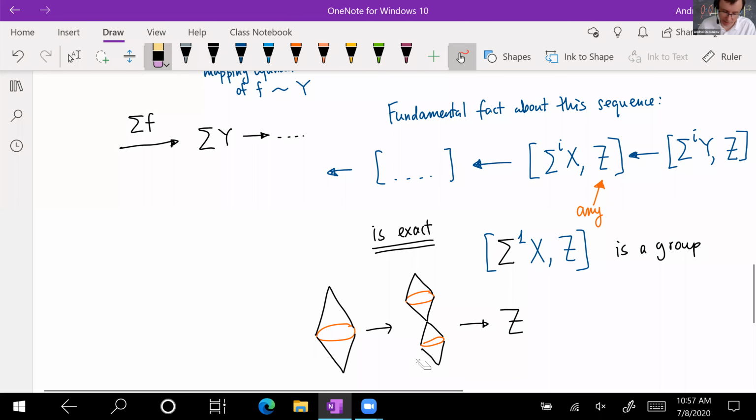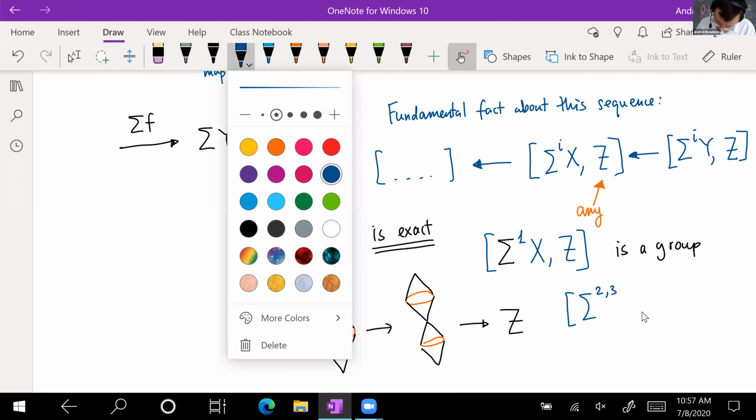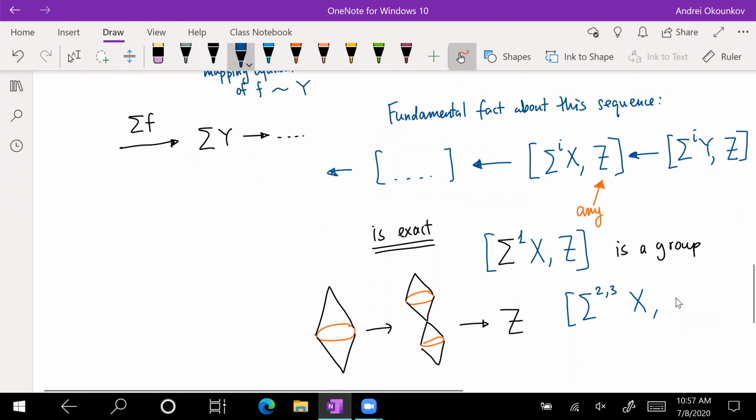This is the product. And in fact, if I take S2 and higher, this is an abelian group, by the same argument as why pi2 is an abelian group.